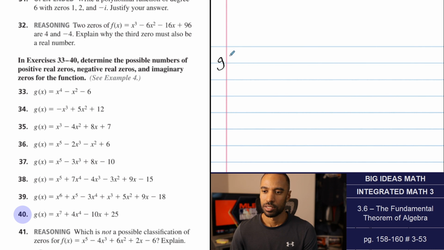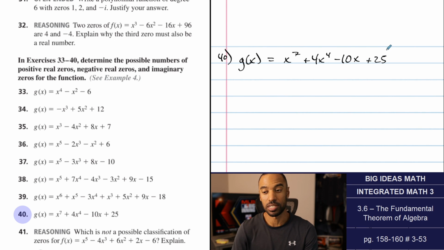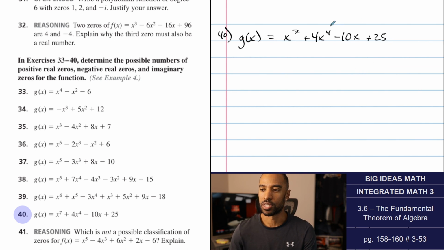G of x. At least it's less terms. X to the 7th plus 4x to the 4th minus 10x plus 25. Now we still need 7 solutions, right? So when it comes to sign changes here, positive, positive, negative, positive, that's a 2 or 0 case for positives.